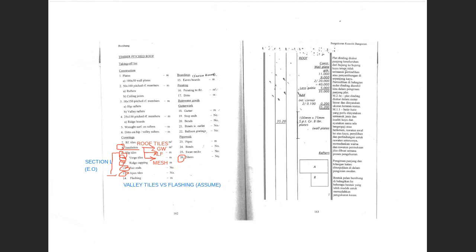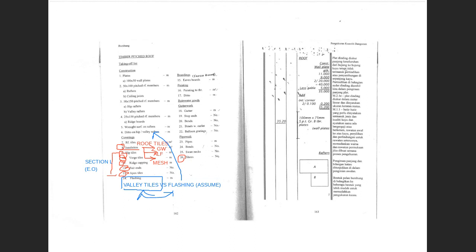Okay, so if you did not measure valley tiles or there is no information about valley tiles, we assume that all valley parts under the covering have to be measured under flashing. So you can take the length similar to the length of your valley rafter, with the addition of the extended part, or else you have to measure the valley tiles separately, not measure flashing. So this will be either one. Okay, either one. These are the two options that are available in the construction of the slope roof.